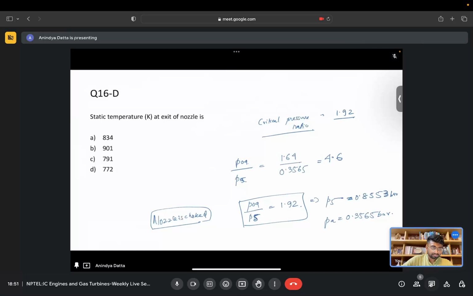So what we can see here is the nozzle is not able to expand down to the ambient pressure. The nozzle exit pressure is higher than the ambient pressure, so this is a case of an under-expanded nozzle. We can see it is a choked nozzle, and also under-expanded, because the nozzle exit pressure we are getting is higher than the ambient pressure.